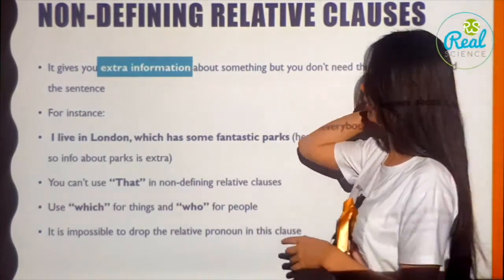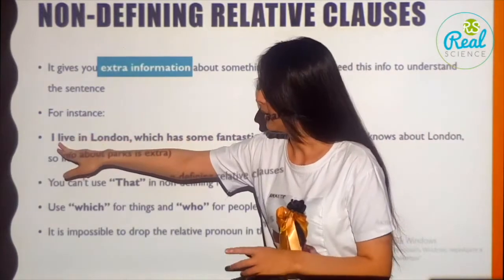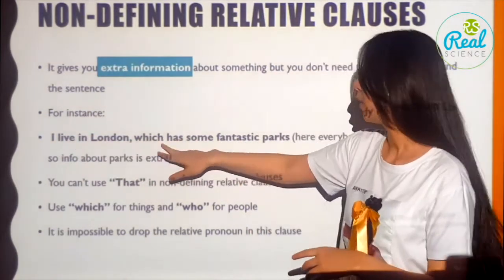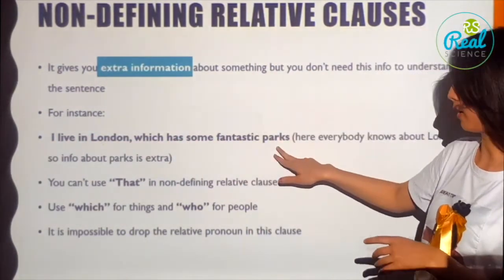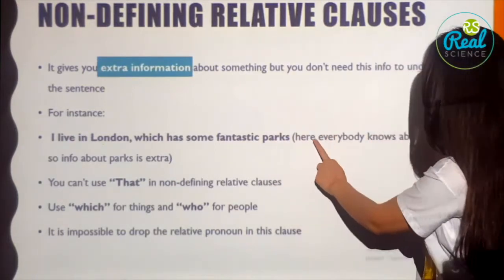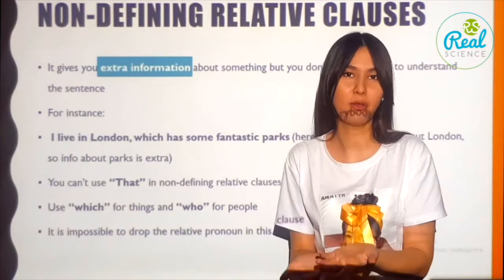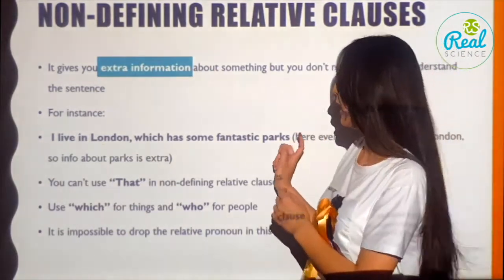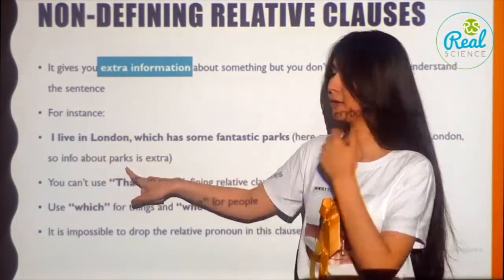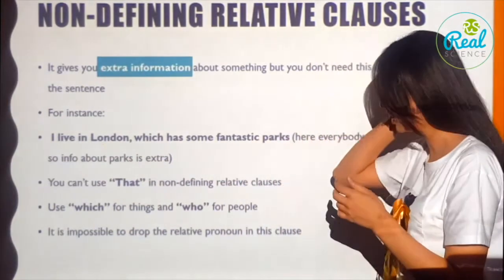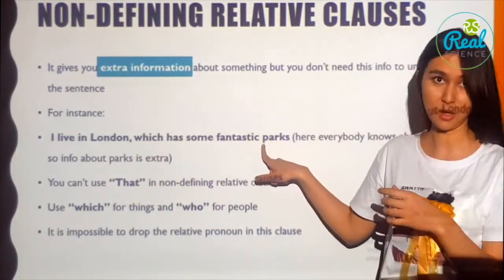Now let's look at the example. From the example, it can be more understandable. Look at this one. I live in London, which has some fantastic parks. Here, guys, everybody knows about London, yes? So what is London? This is a city. And so the info about parks is extra here. Why?